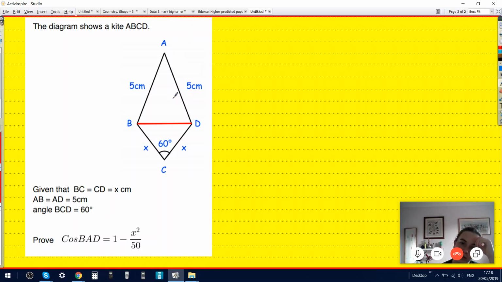You have to find the cosine of BAD. So cos equals adjacent over hypotenuse. Yeah, but that'll be for a right-angled triangle.